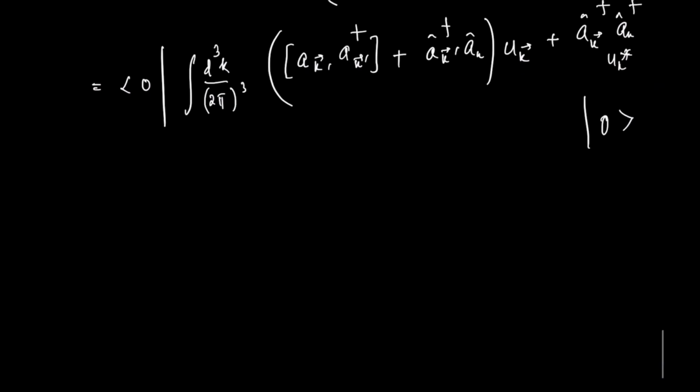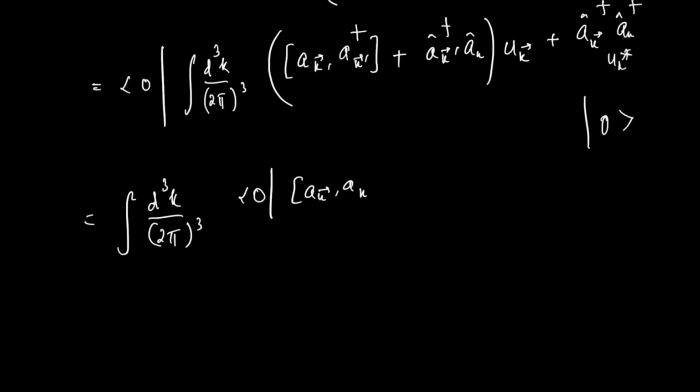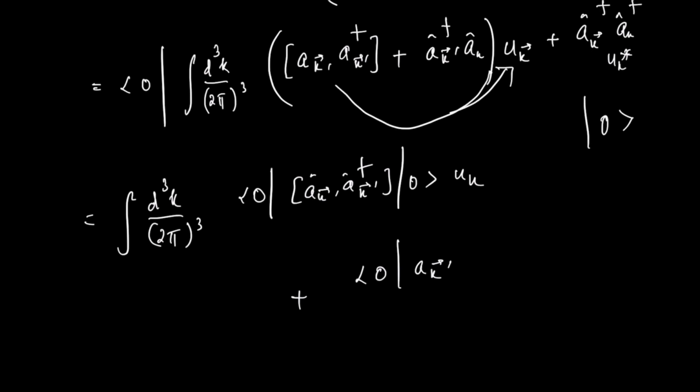Then I will get integral d cube k by 2 pi cube, expectation value of the commutator ak prime dagger, then plus expectation value of, and this multiplied by uk, okay, this multiplied by uk is also there.